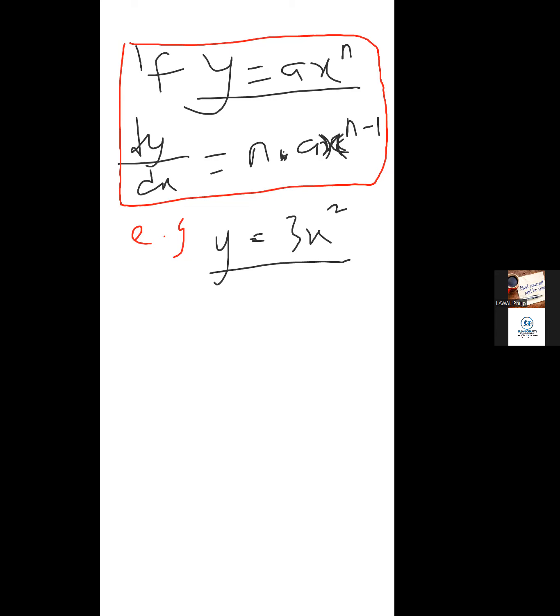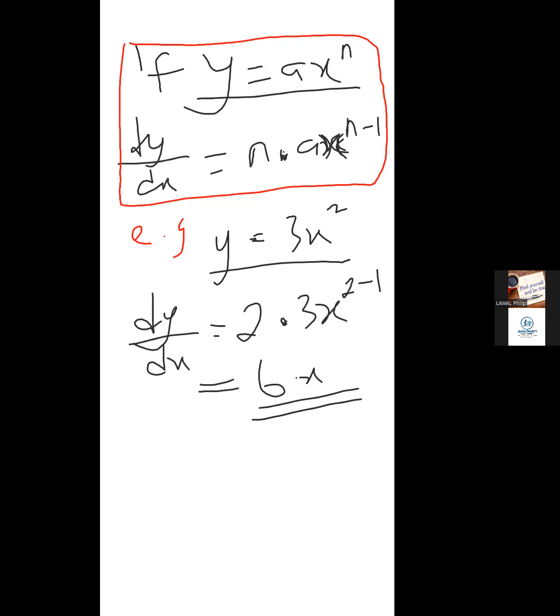If they say find the differentiation, it means dy dx will be equal to, the n is the power, so 2 multiplied by 3, then x raised to 2 minus 1. I'm just following the rule. So our answer will be 6x raised to power 1. Anything raised to power 1 is that number, so we can just ignore the 1. So 6x.